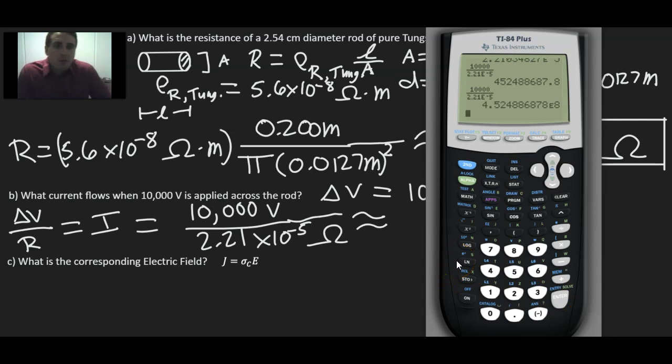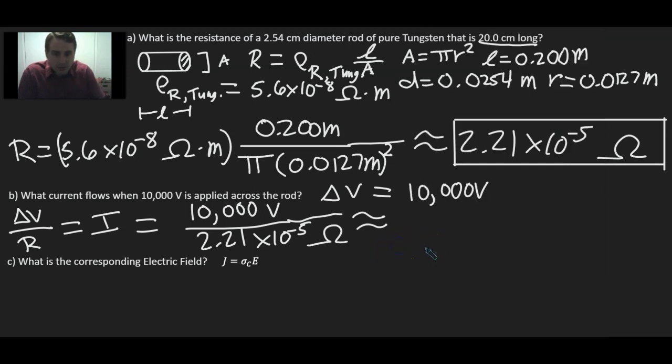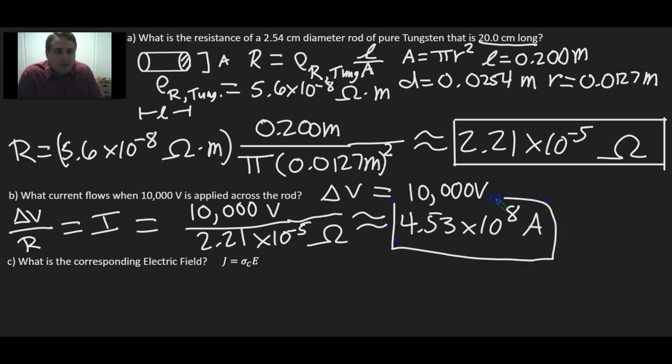So it's about 4.53 times 10 to the 8th, and that's going to be units of amperes. Alright, that's an extremely large current. This is a very, very small resistance.